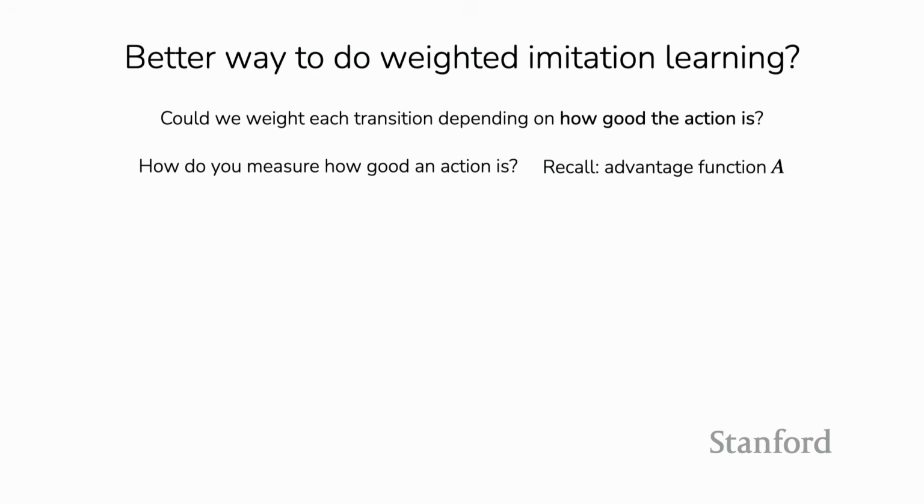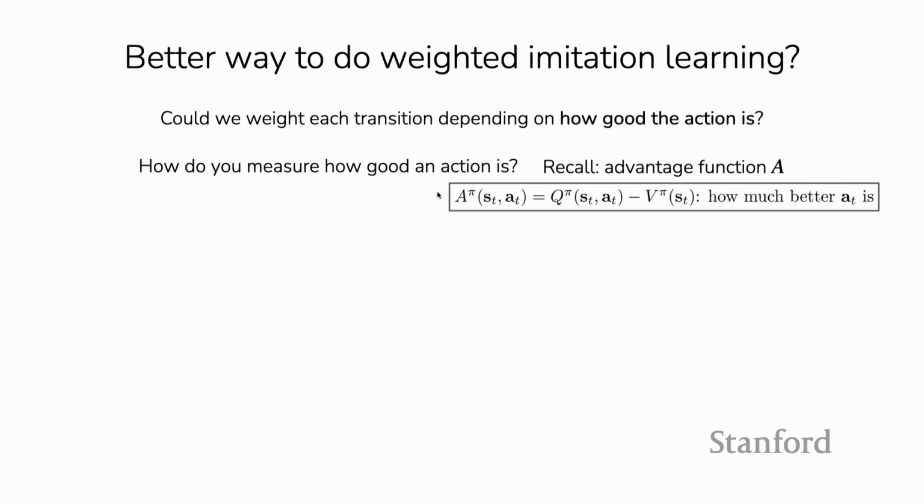If you remember what we talked about with regard to value functions and advantage functions, where the advantage function is how much better is a_t compared to what your policy does, this suggests that if we weighted our imitation learning objective by the advantage function, then we could get some measure of how good that action is and get a policy that is able to learn effectively.